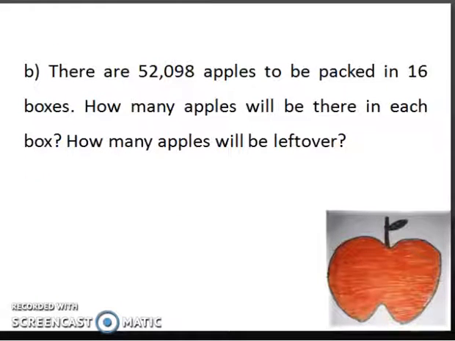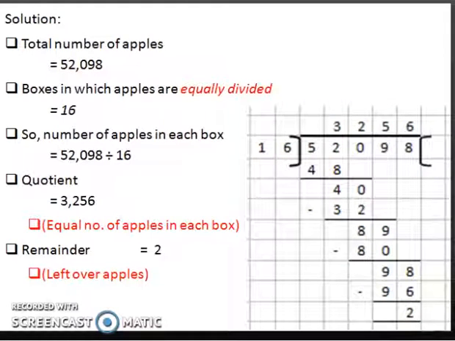Yeah, now the B part. There are 52,098 apples to be packed in 16 boxes. How many apples will there be in each box? And how many apples are left over? So statements: total number of apples, number of boxes, number of apples in each box, and 16 table is a little easier one for you.